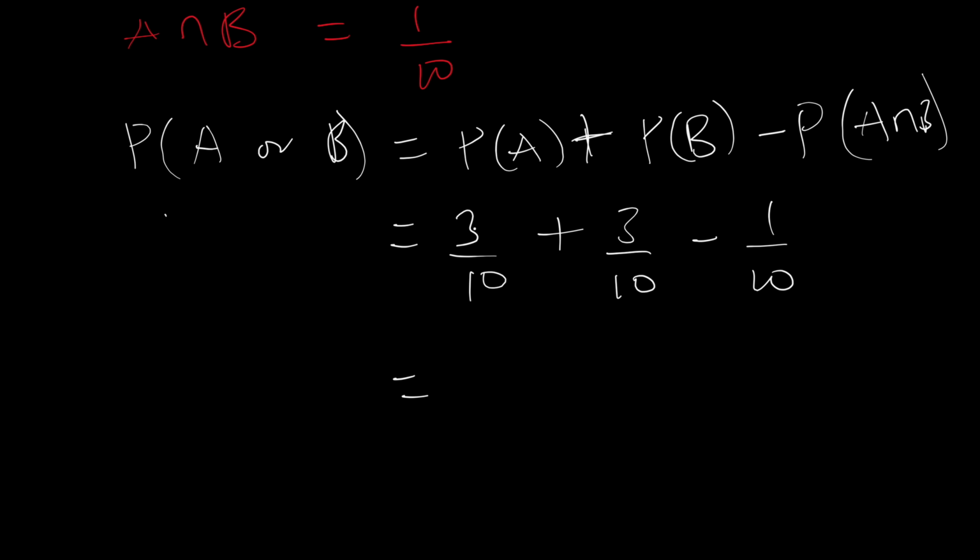So when we punch this on our calculators, we should have 1 over 2 or 0.5. So the probability of picking a prime factor of 42 or a multiple of 3 is 0.5.